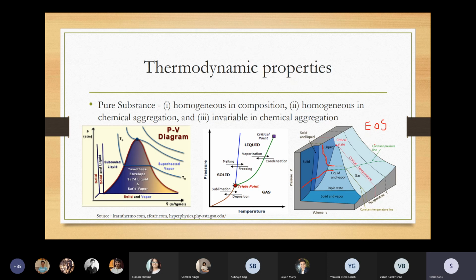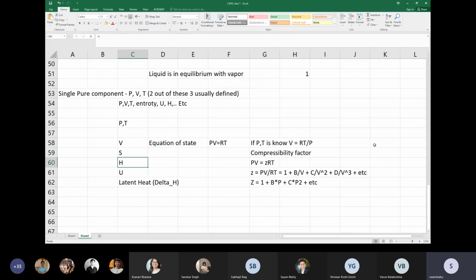The whole idea is we have this PVT data. This is three-dimensional, very complex. This whole complex data, they are trying to represent in a simple mathematical expression. It could be the Virial equation of state, or the Van der Waals equation of state, or the RK equation of state, or the Pitzer correlation.